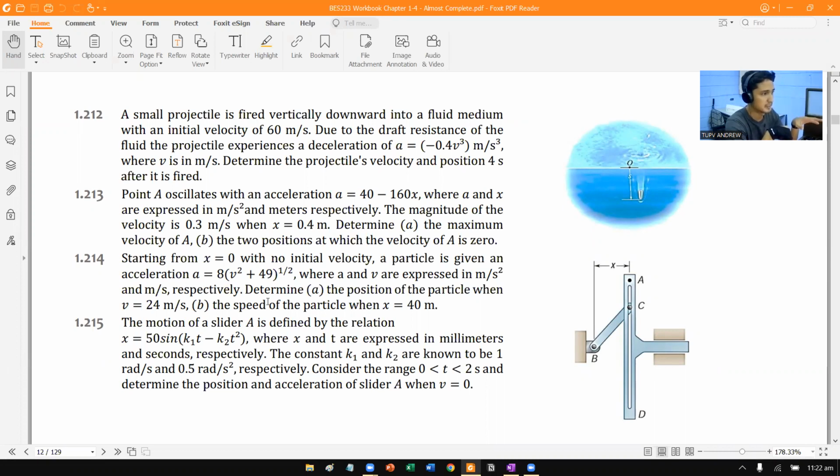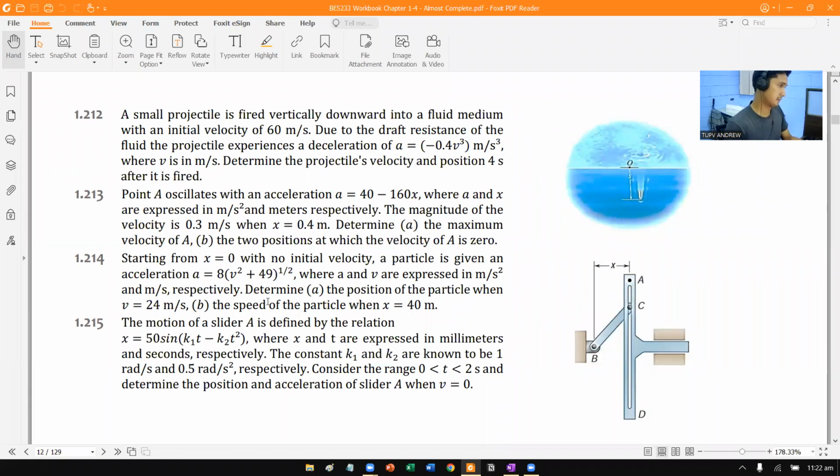Due to the drag resistance of the fluid, the projectile experiences a deceleration, which is given by -0.4 v cubed, experimentally obtained, where v is in meters per second. Determine the projectile's velocity and position 4 seconds after it is fired.